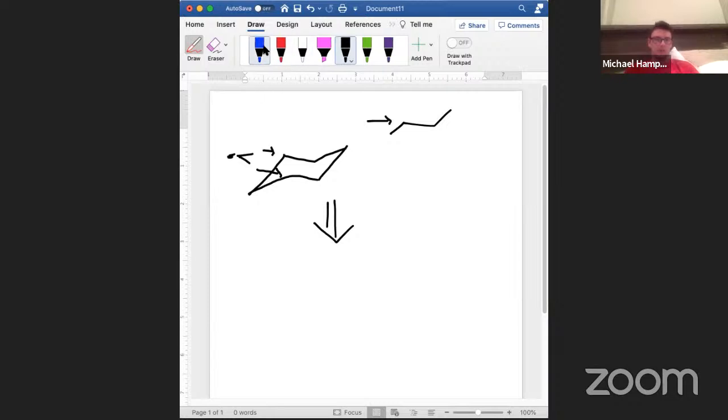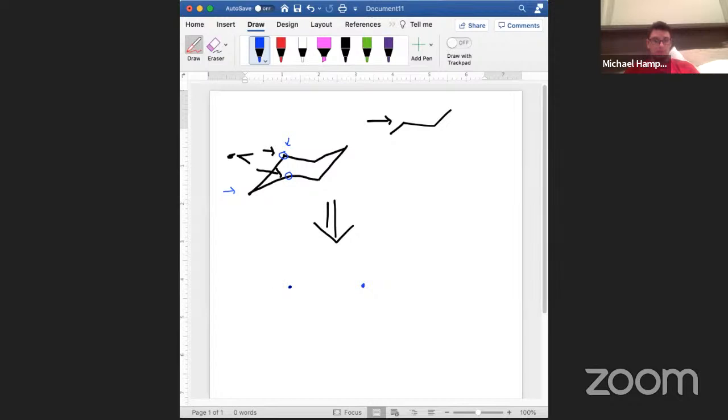These in blue are your front carbons. What's coming down from those two carbons? CH2, right? So here's your left front carbon, and here's your right front carbon.